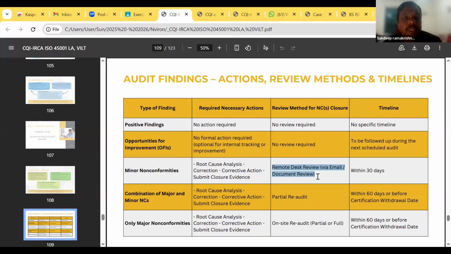And if there are only major non-conformities, right, a root cause analysis, correction and corrective action, and closure evidence. So on-site re-audit may be partial or full depending on where the major non-conformities were seen, within 60 days or before the certification withdrawal date. Are these points clear? Any questions?